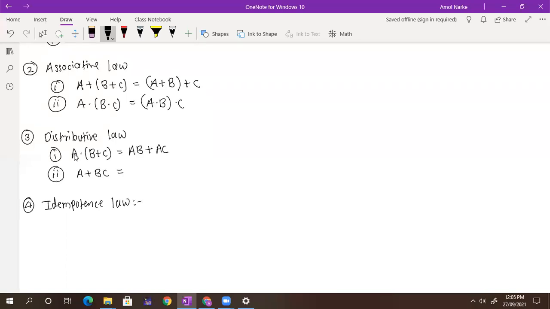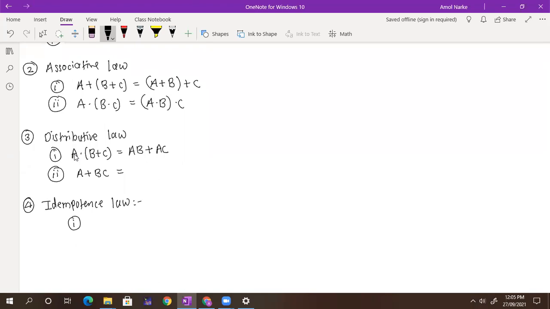Does anyone know what the idempotent law is?